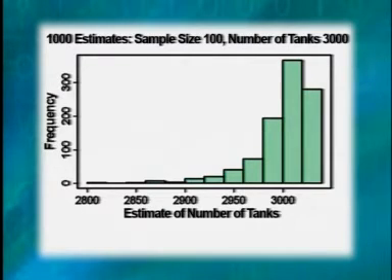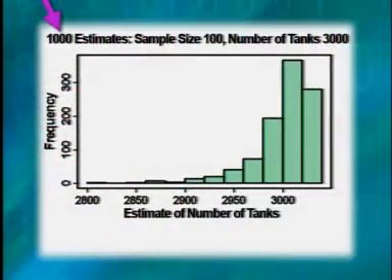For each of those samples, we looked at the maximum number of all those 100, multiplied it by 101 over 100 to get a bigger number, and then subtracted 1 to get an estimate. And we did that whole process 1,000 times, as a computer simulation, as though we were fighting World War II 1,000 times.